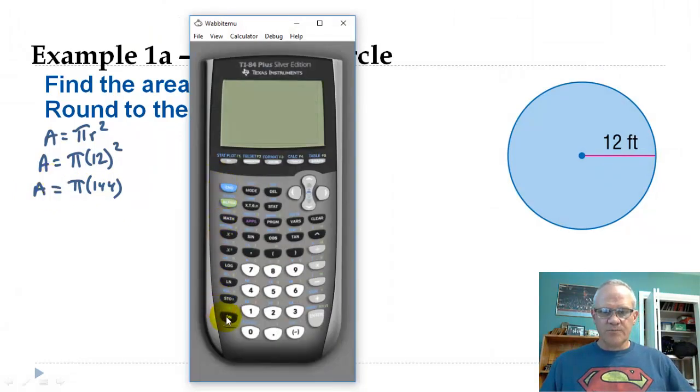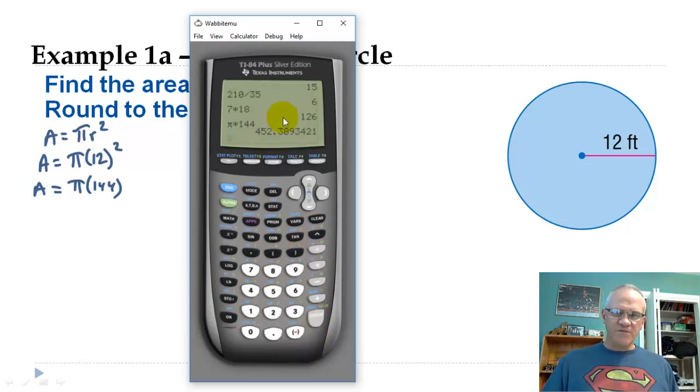We're just going to go pi times 144. And so it looks like it's about 452.